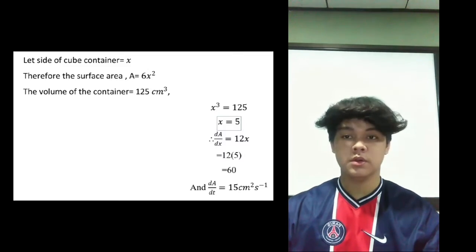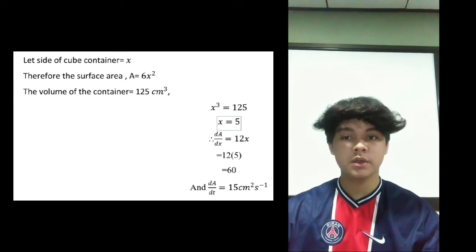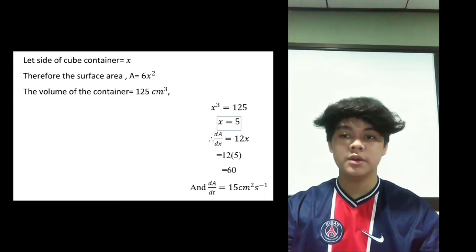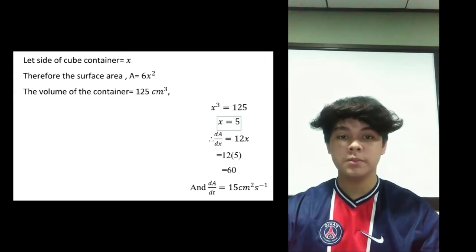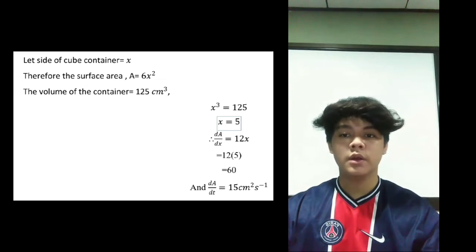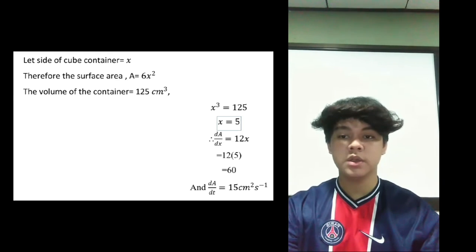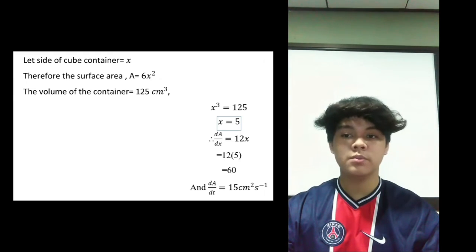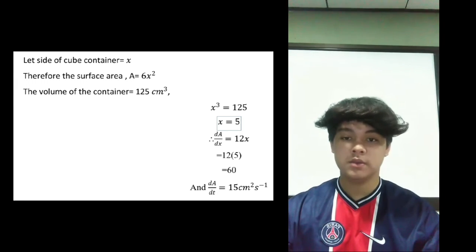As we all know, the cube has equal sides, so we can consider the sides as x. So the area of the cube is 6x². Thus, we can differentiate the area with the equation dA/dx. When the area 6x² is differentiated, it will become 12x, and we can replace x equals 5 as we already found the sides.